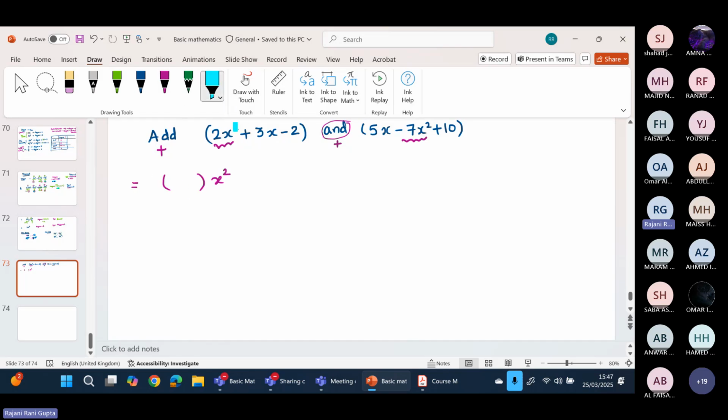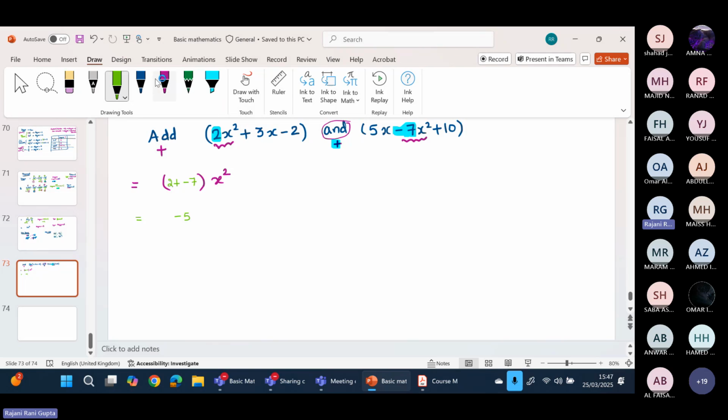Work with the numbers: here it is 2, plus minus 7. How much is 2 plus minus 7? Minus 5, because you will be doing subtraction.